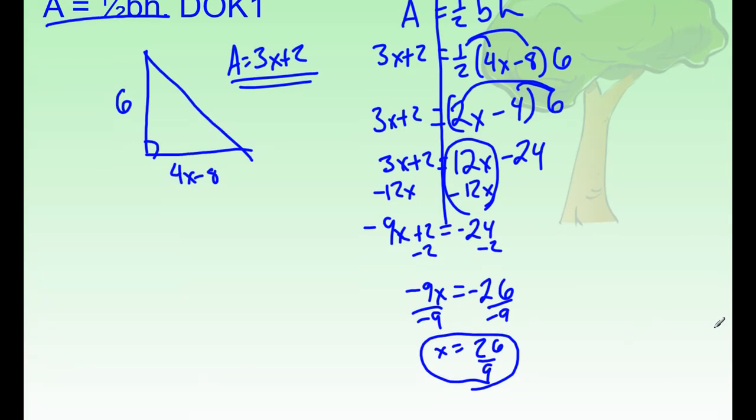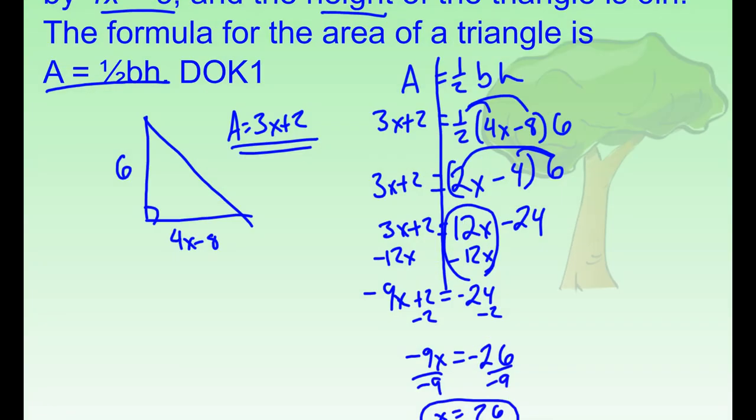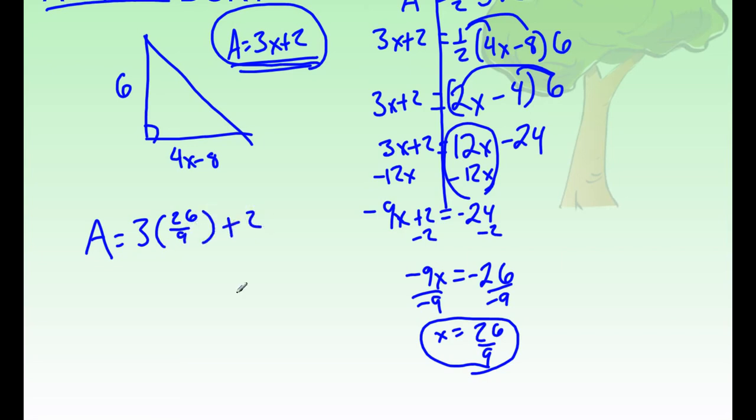Now we're going to take this and use it to find the area of our triangle. This is the formula that's going to help us out, because it says the area is equal to this stuff. Since I know what x is, if I plug 26 over 9 in for x, I get my answer. So area equals 3 times 26 over 9 plus 2.